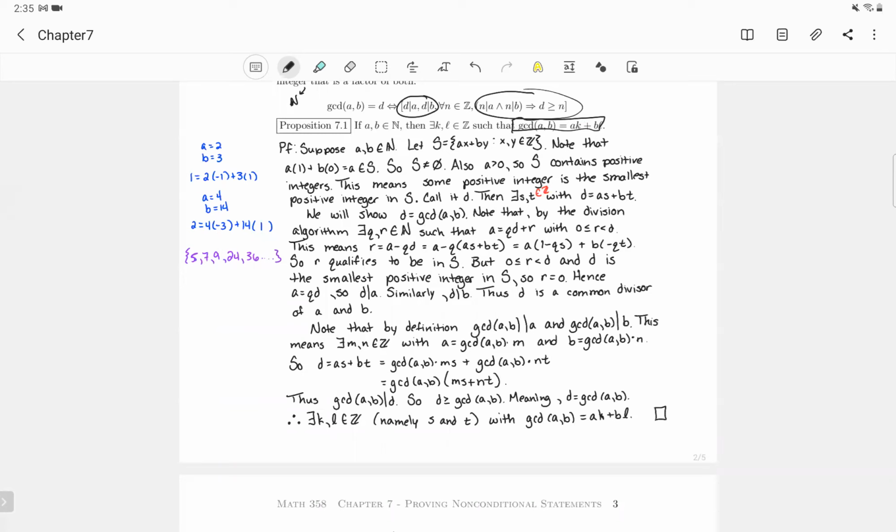Then my whole goal was to show that's the GCD, because if it's the GCD, then the GCD is of the right form, the linear combination I want. So first we had to show it's a common divisor, and second, that it's not smaller than the GCD, which means it has to be the greatest common divisor.